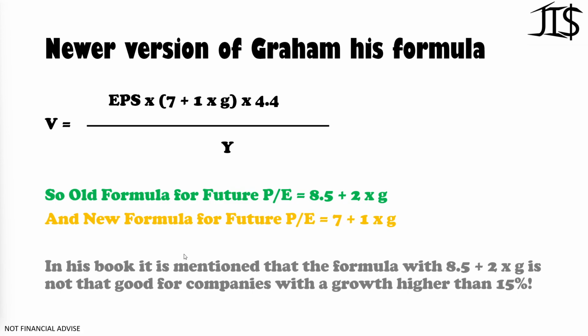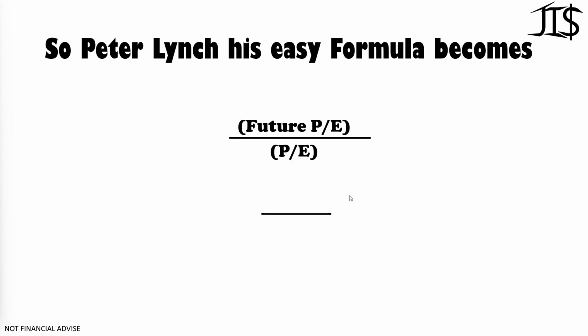So you should keep this in the back of your head that in the original book, the formula that I'm using here actually came with a footnote that this formula isn't that great. But still, when I was younger, I thought this formula was great, and since then I always used this formula. And with the new formula, you can change it to 7 plus G divided by the PE.